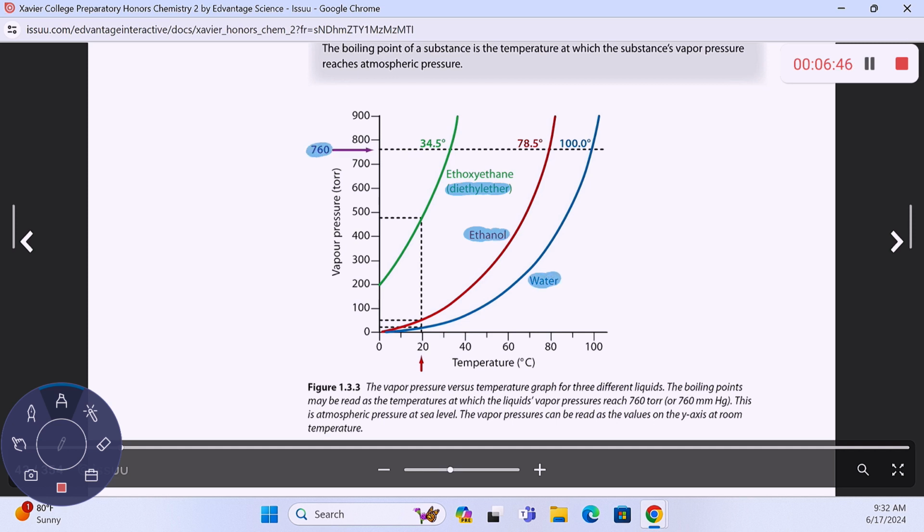Here they have pointed out 760 torr. And the reason why they've done that is because this would be the atmospheric pressure, I should say, at sea level. So anytime you're at sea level, this is where you would obtain the normal boiling point of a liquid.